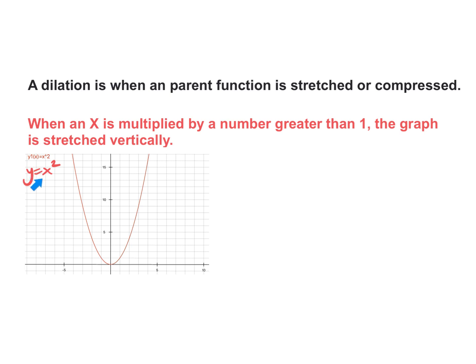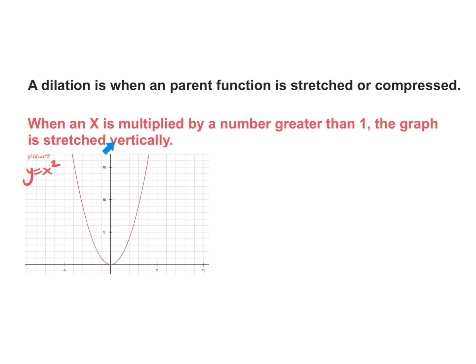Okay. When I multiply this by a number greater than 1, this picture is going to look like it's getting stretched out. So think of grabbing a hold of the top of this graph and just pulling it upwards. And this bottom, this vertex, is anchored, so this isn't going to move anywhere.